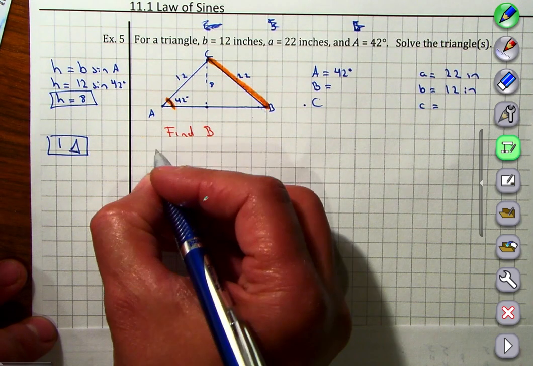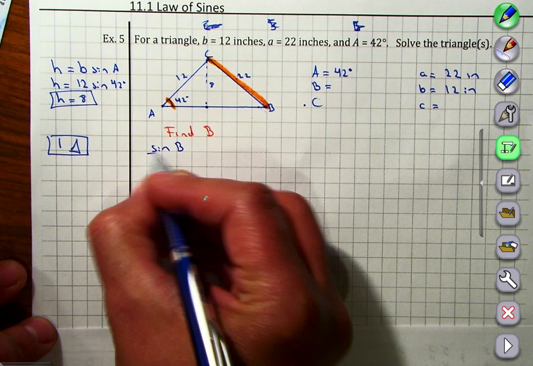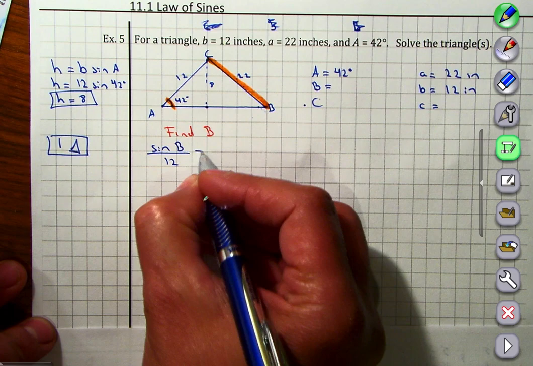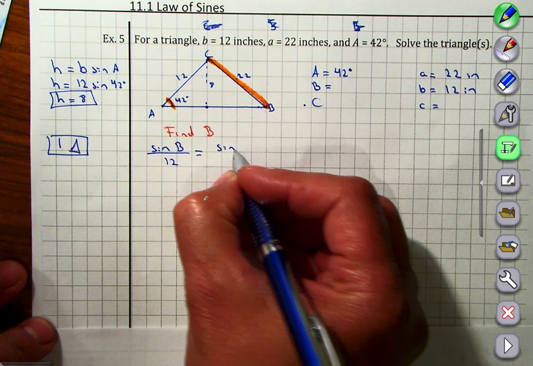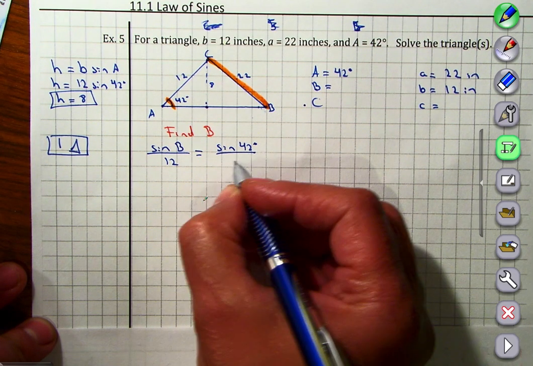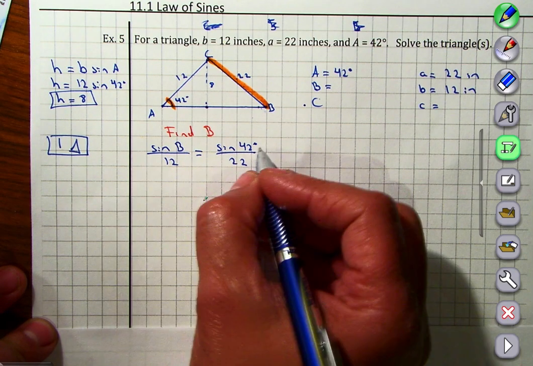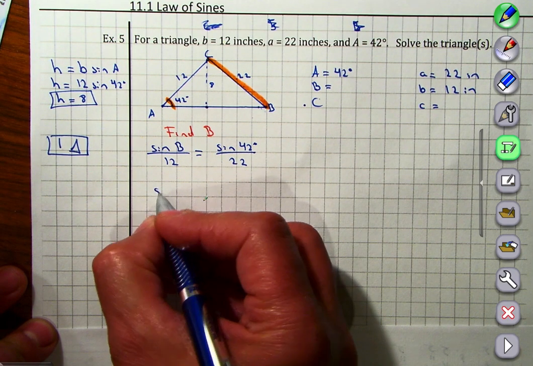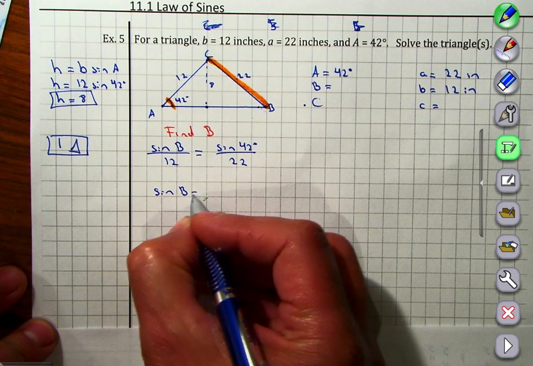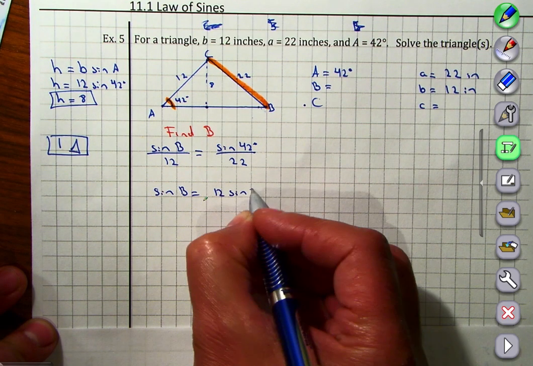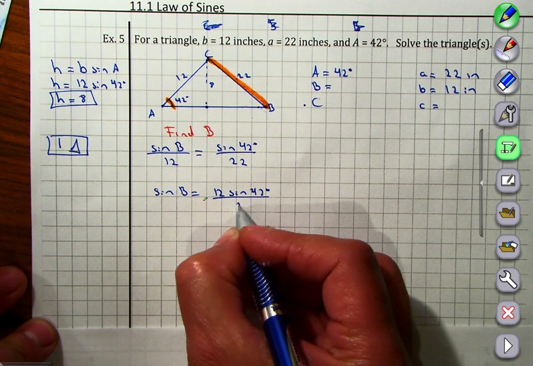So it will be the sine of B over 12 equals the sine of 42 degrees over 22. I'm going to multiply both sides by 12. So that gives me the sine of B is equal to 12 times the sine of 42 degrees over 22.